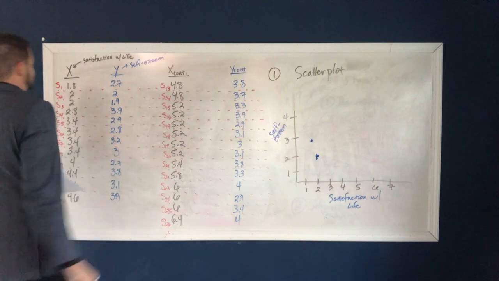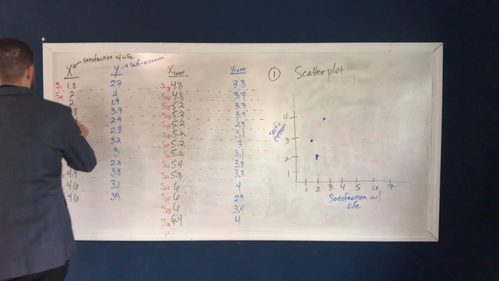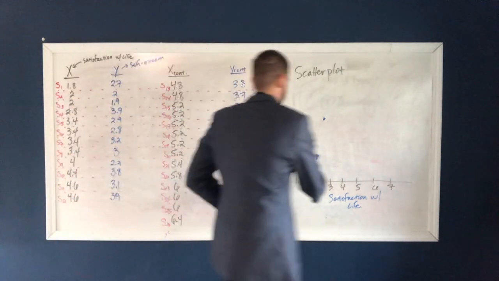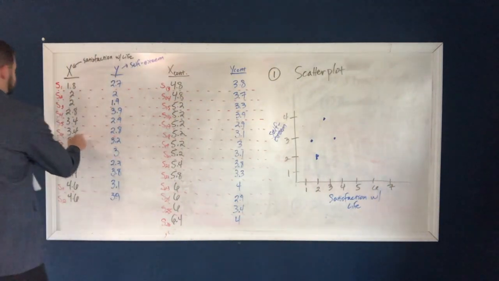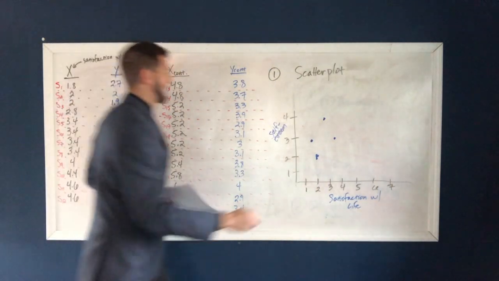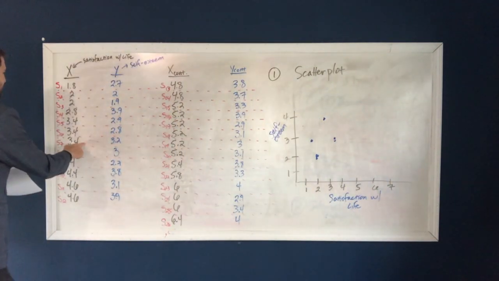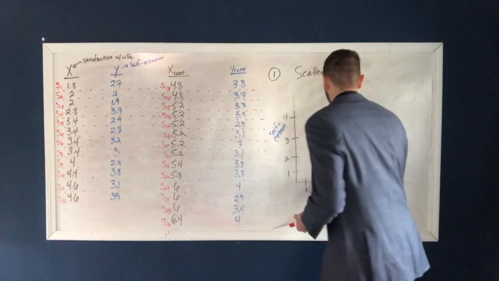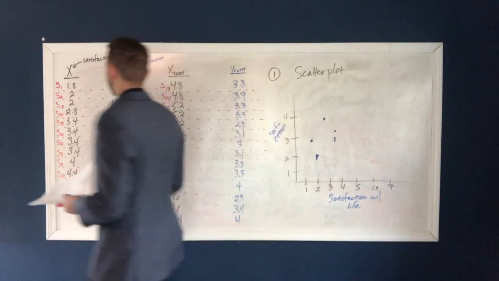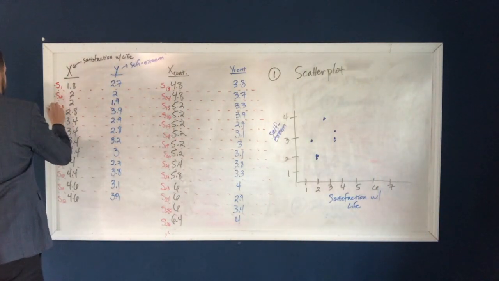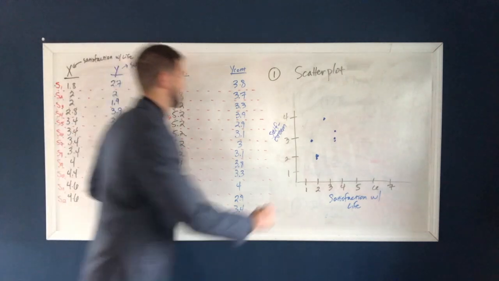Subject 4 is 2.8 and 3.9. Subject 5 is 3.4 and 2.9. Subject 6 is 3.4 and 2.8, which is about the same. Subject 7 is 3.4 and 3.2. So a little higher. Subject 8 is 3.4 and 3.